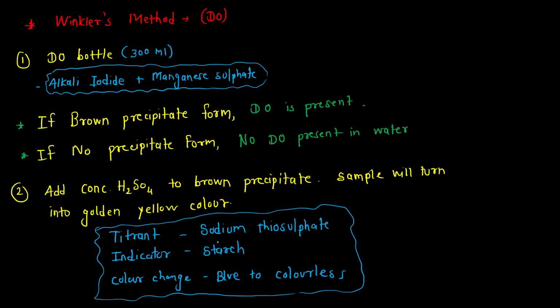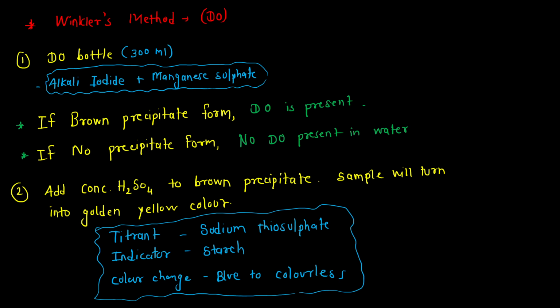Okay, so these are all the specifications of Winkler's method. So these are the important points that you have to remember. See, initially we have to take the DO bottle, you have to take the alkali iodide and manganese sulfate and add some water to it. If a brown precipitate is formed, that means the DO is present. If no precipitate is formed, that means no DO is present.